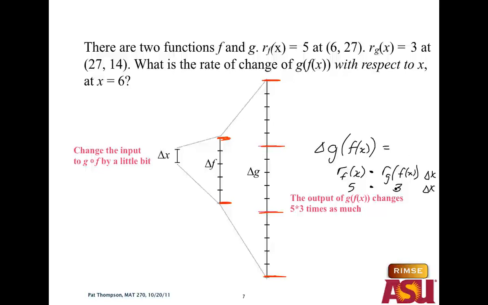We write this one first, and then we tack this one on second. But in the order of the process, this really comes first: the 5 times the change in x, and then 3 times the change in f. But when writing the rule, conventionally, we do this first, and then we do that. Just know that reading left to right, this is really the order of the process. Any questions on that? Really important.